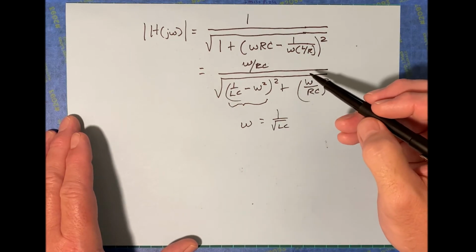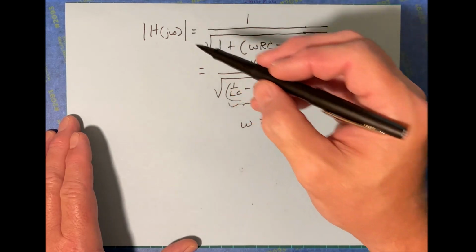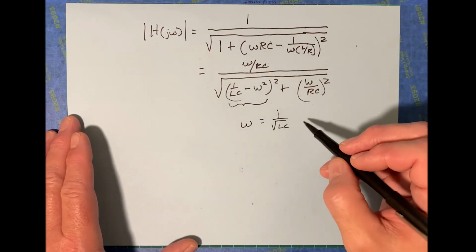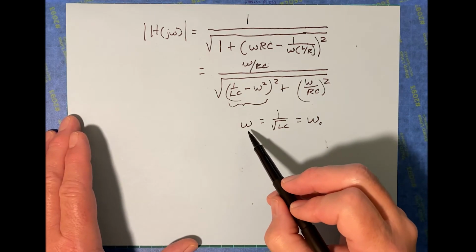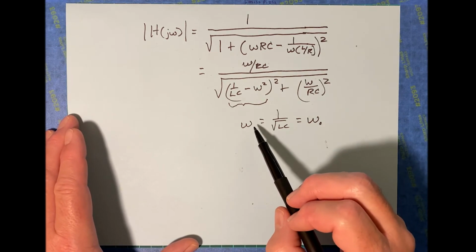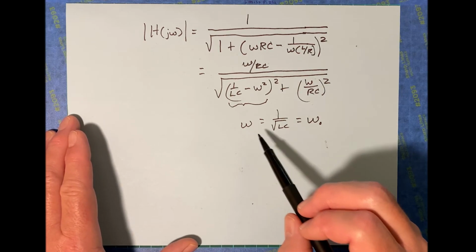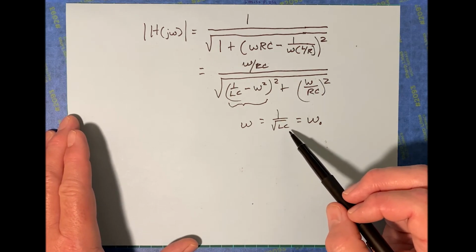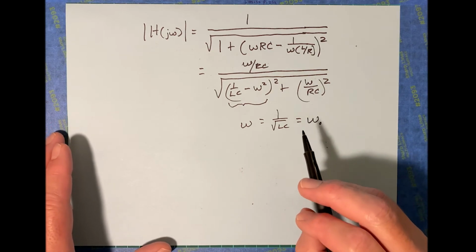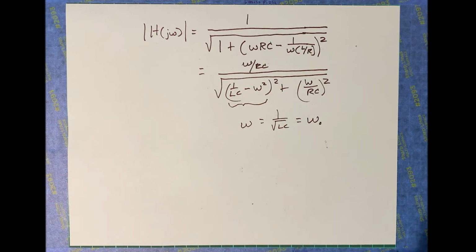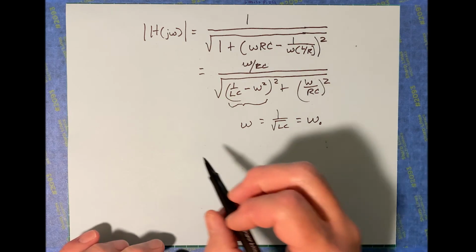So you get the maximum value out of your transfer function magnitude when this is the resonant frequency. So when the frequency of our generator equals the resonant frequency of the circuit itself. Okay. Now at the cutoff frequencies, you could solve for those as well. Okay. Here's some things I want you to notice though.